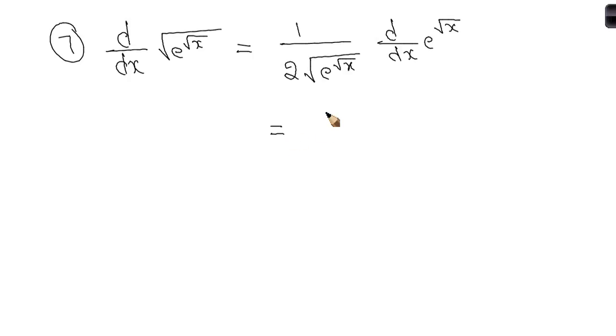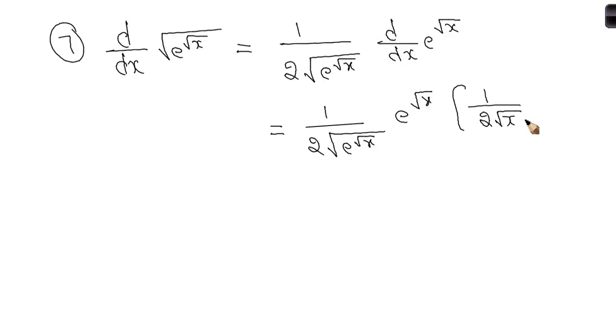So this would become 1 by 2 times root of e^(root x) into the derivative of e^(root x), which is e^(root x) into the derivative of root x, which is 1 by 2 times root x.